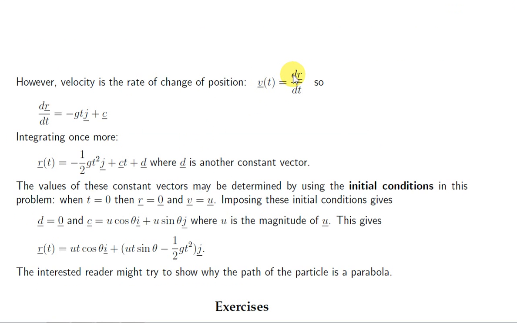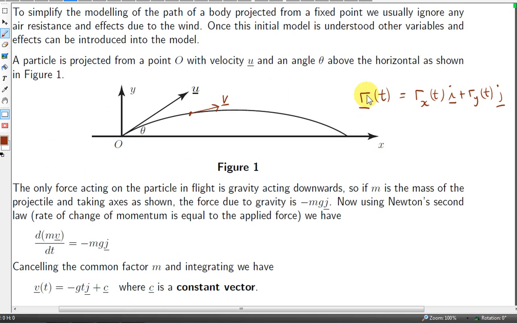Now the velocity vector is the rate of change of the position vector r with respect to time. We could write vector r of t like this. It has an x component which we will call r sub x, and that's a function of time, and we have a y component r sub y of t. And if we differentiate this, well, we just differentiate each component. The reason why we can do that you will see if you go through this from first principles, but I won't bother doing that here.